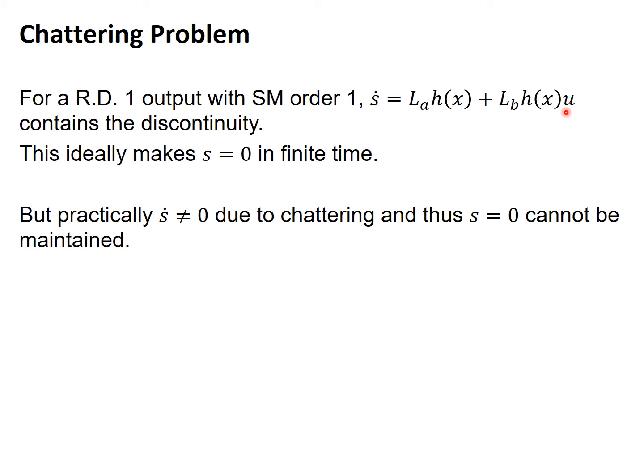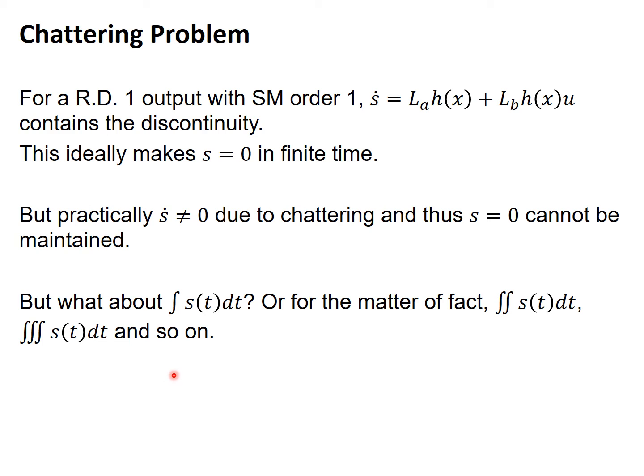So there is a finite frequency of implementation of the control that gives rise to the chattering phenomenon. So S dot should have been ideally 0, to maintain S equals to 0, but S dot is not 0. Practically S dot is not equals to 0 due to this chattering, and hence S equals to 0 also cannot be maintained. S also is not 0.